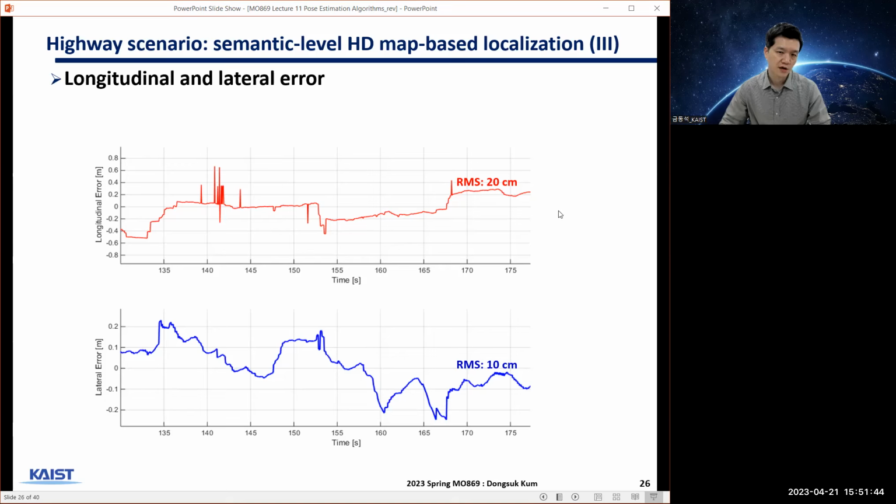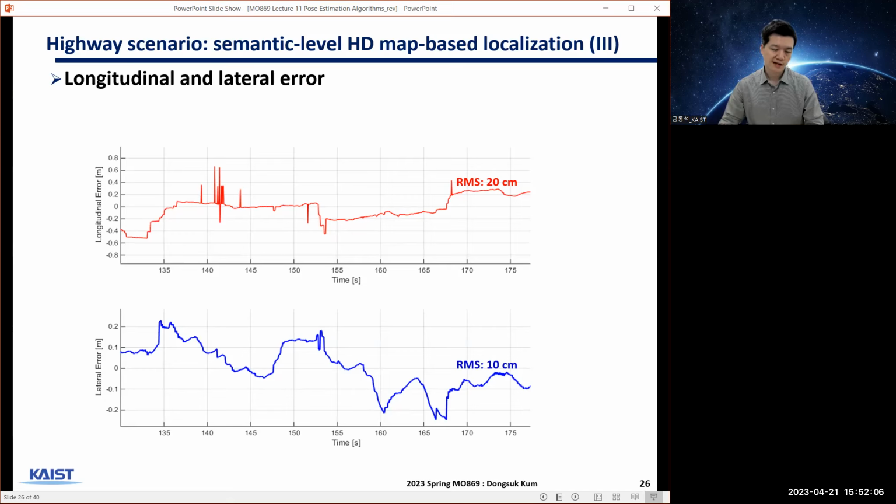Okay. And that's because the vehicle is driving in the longitudinal direction. So it's moving fast in the longitudinal direction, so there's a higher chance to be exposed to higher error.